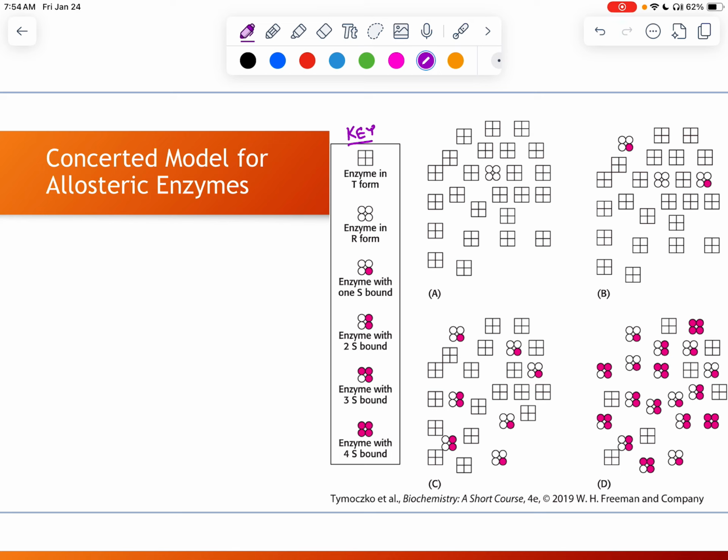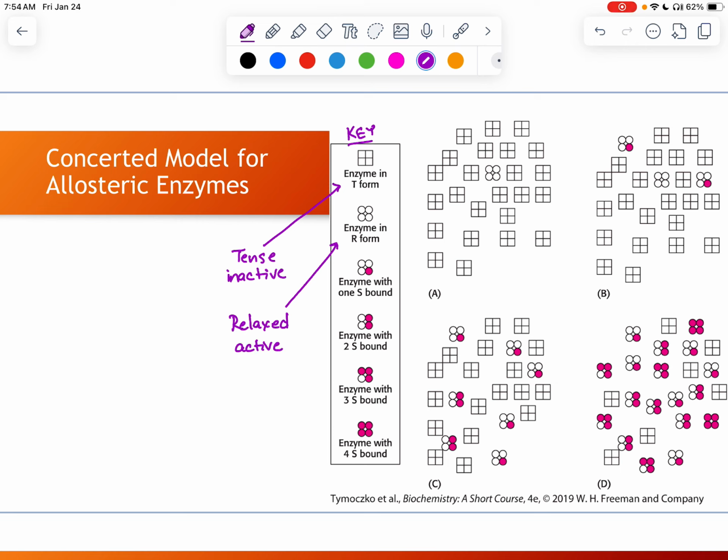And we see that there are 2 forms. There's this T form. T stands for tense, and this is the inactive form. Or they can exist in the R form, which stands for relaxed, and this is the active form of the enzyme.